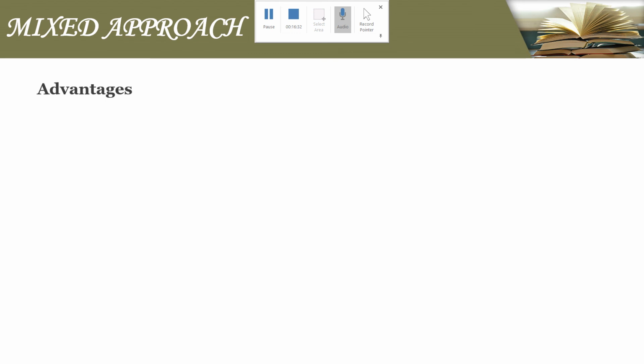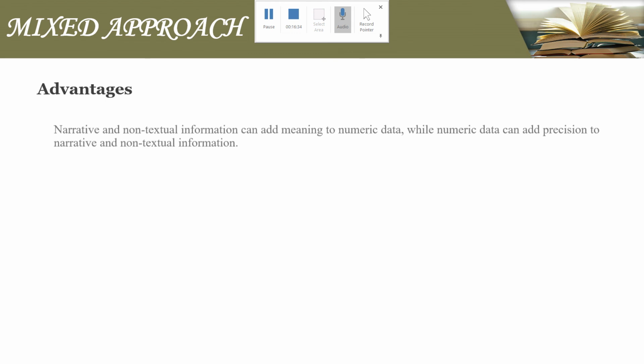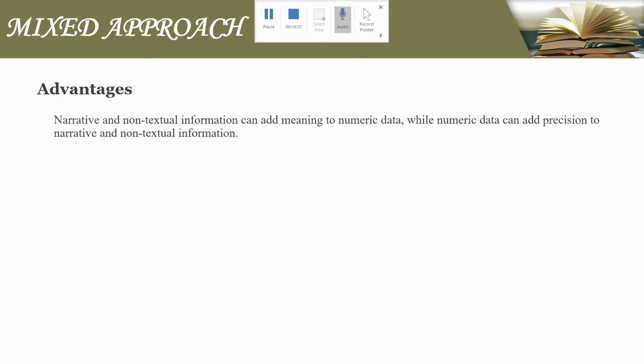Looking at the advantages of the mixed approach, narrative and non-textual information can add meaning to numerical data, while numerical data can add precision to narrative and non-textual information.